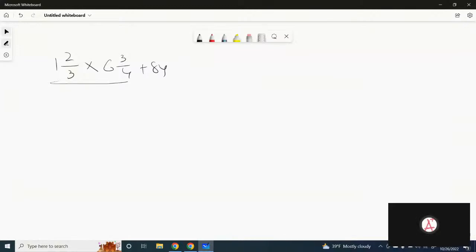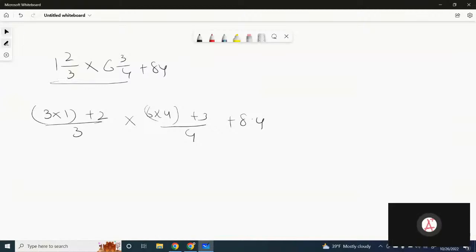So first of all, you have to multiply, just convert them into an improper fraction. So how can you convert them into an improper fraction? You need to do 3 times 1, then you have to add 2 in the answer. Same you have to do with this one, 6 times 4 and plus 3 divided by 4. Got it?